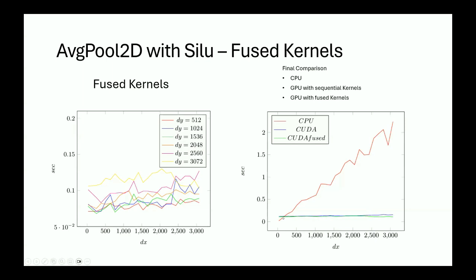But we can clearly see that if the matrix is very small, it is cheaper to run it on the CPU and not transfer it to the CUDA or the GPU. This is purely because of the overhead to engage the GPU.